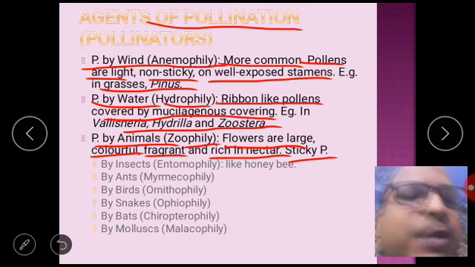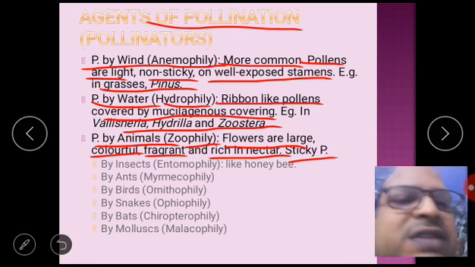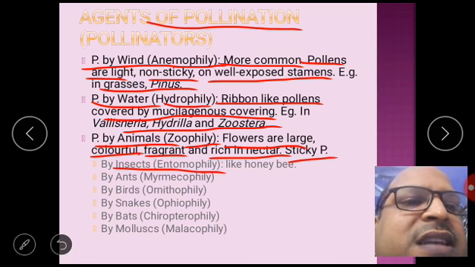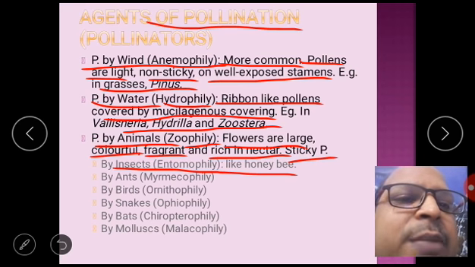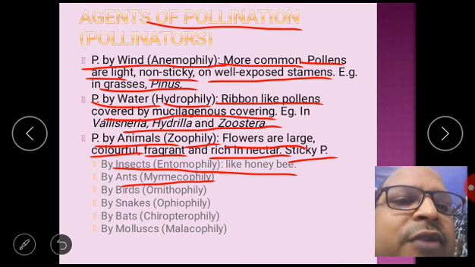Now, how many types of zoophily can there be? First, zoophily can be by insects. Insects can be one agency. If the insect is the agency, we say entomophily, like honeybee. Next, it can be by ants. If ants are involved, we say myrmecophily. If birds are involved, we say ornithophily.